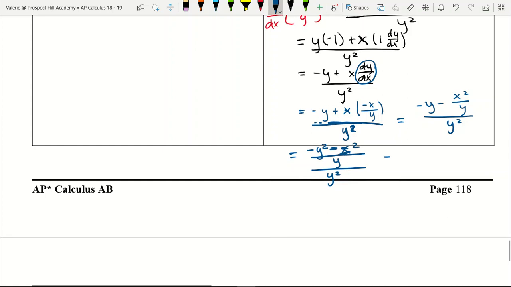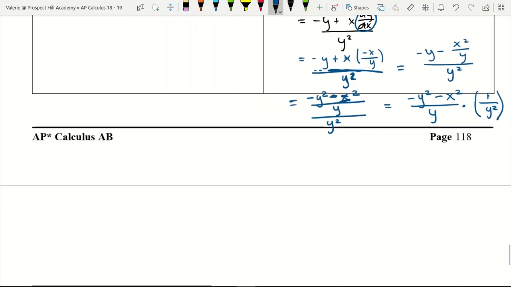And keep change flip, we'll get -y squared minus x squared over y times 1 over y squared. So our final answer, d squared y over dx squared equals -y squared minus x squared over y cubed.